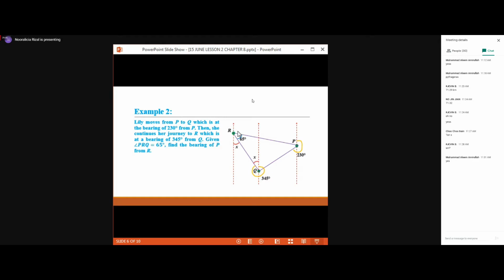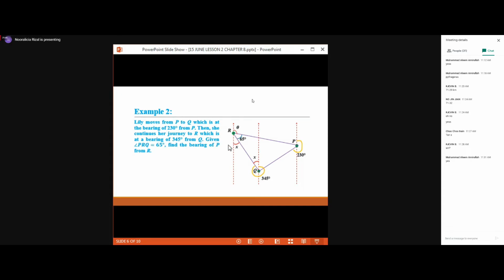Before that, this is your alternate angle. Your X here, you can find your alternate angle. So that is your bearing, the theta there, your bearing of P from R. Remember, from the north line at R, you move clockwise direction until you reach the line of PR.